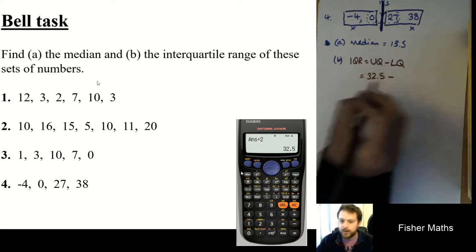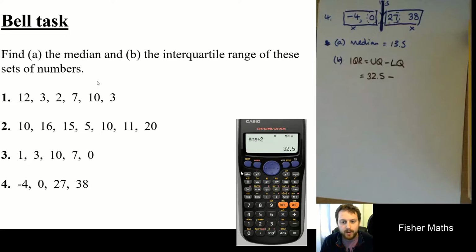And I'm just using this as an opportunity to show you why you need to be careful if you're using a calculator. Because if you do 27 add 38, and then you write divide by 2, like this, it is not going to give you the right answer, because of BIDMAS, this will work out 38 divided by 2 and get an answer for that, and then add it to 27.